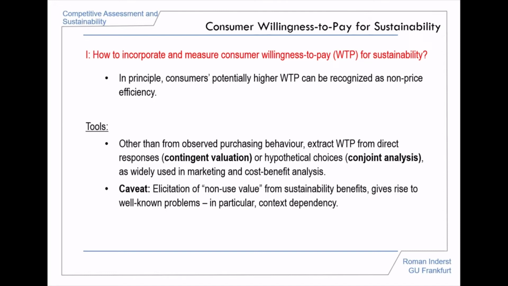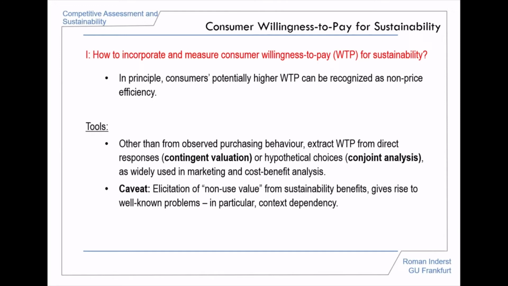I should also stress that there are important, well-known caveats with respect to these methods. The willingness to pay is often not very responsive to the true impact. People seem to have inconsequential preferences, and we have to be careful. Another caveat is context dependency.